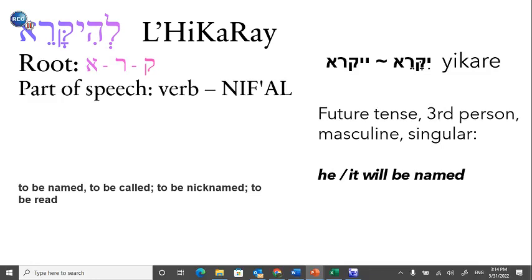The action, or the infinitive form, is Lehikare. There's that Tzeire again, making the A sound. And there are other conjugations for it. This is taken right off of Pealim.com. This word can mean to be named, or to be called by the name, to be nicknamed, or to be read.